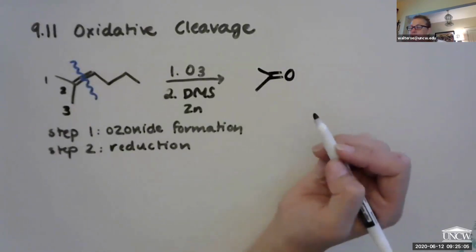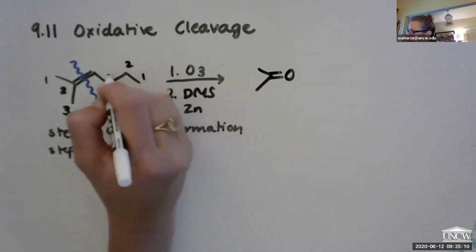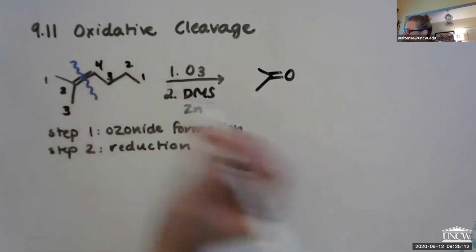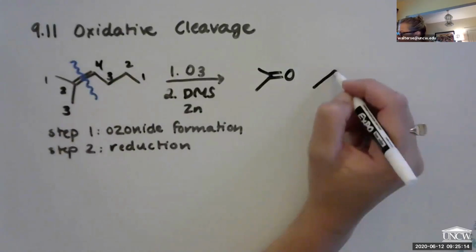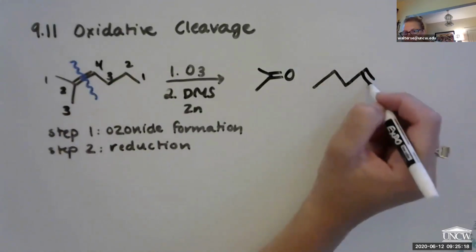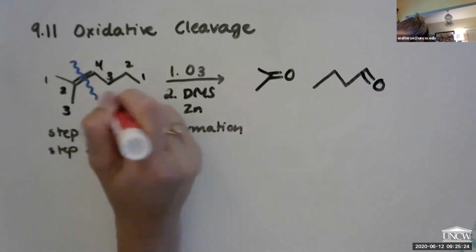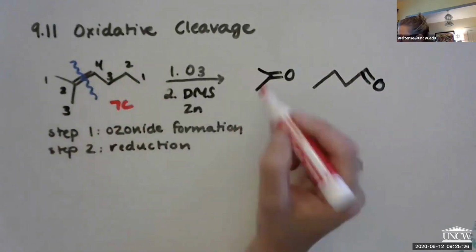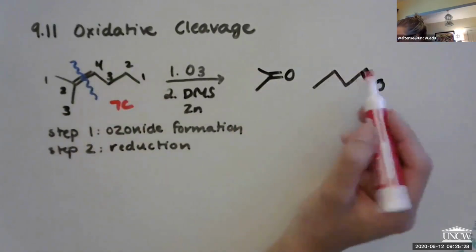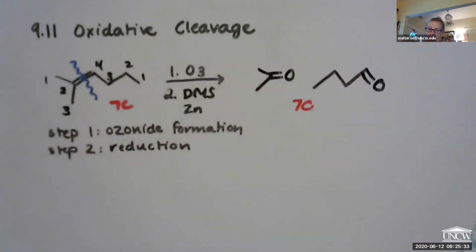And then do the same thing for the other part. 1, 2, 3, 4. 1, 2, 3, 4. Double bond oxygen. And then just make sure that if you used 7 carbons here, that you have 1, 2, 3, 4, 5, 6, 7 carbons in your product. And that's all you have to do.